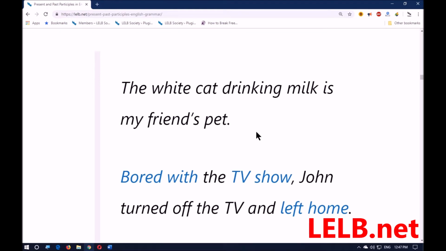The white cat that drinks, or that is drinking milk, is my friend's pet. So also you could say which, and that or which is a relative pronoun, and these relative pronouns are used to generally give extra information about a noun.